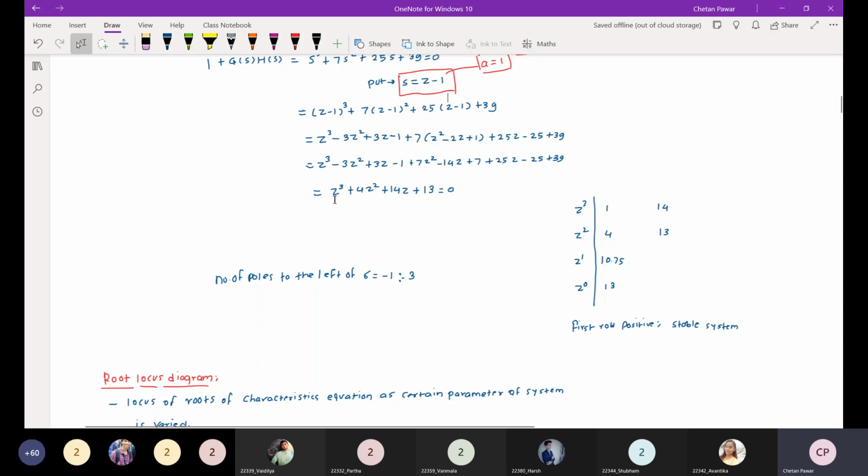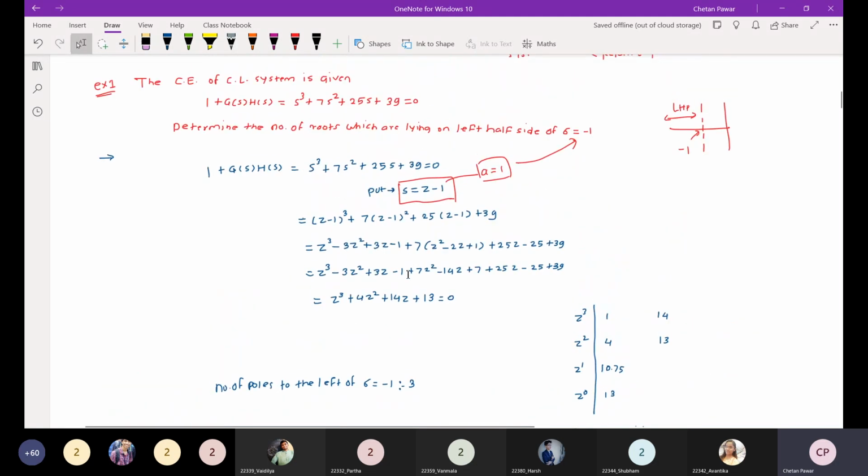Here you can see the order of this characteristic equation in terms of z is 3, right? So the number of poles on the left hand side of sigma equal to -1 is 3. Have you understood?